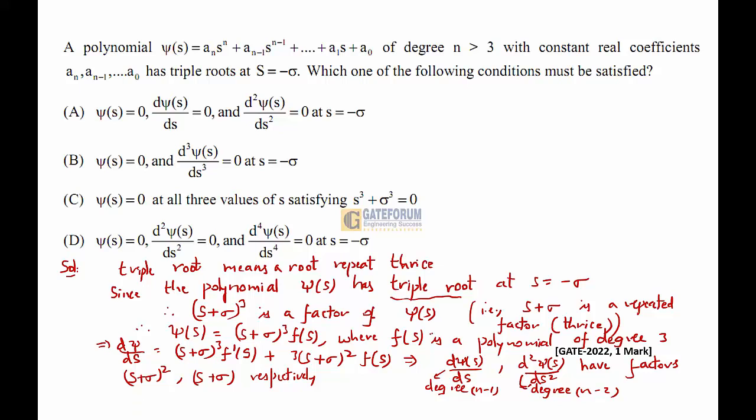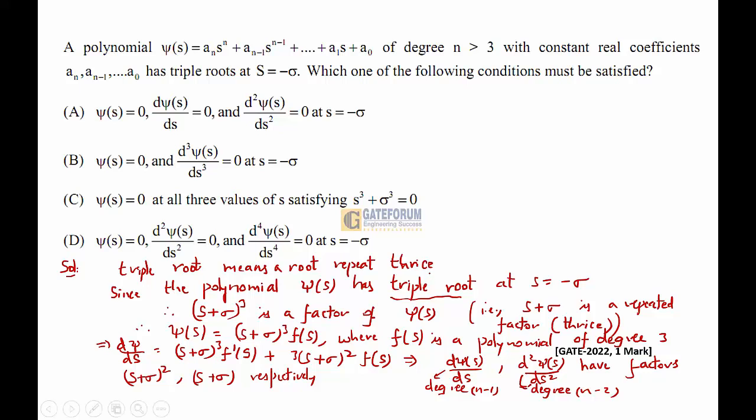Okay. So finally, when we equate all these three polynomials to 0, definitely at s is equal to minus alpha. Whenever x is equal to 1 is a factor of the polynomial f of x, then we know that f of 1 is equal to 0. Substitute x is equal to 1 in the given polynomial, it becomes 0.